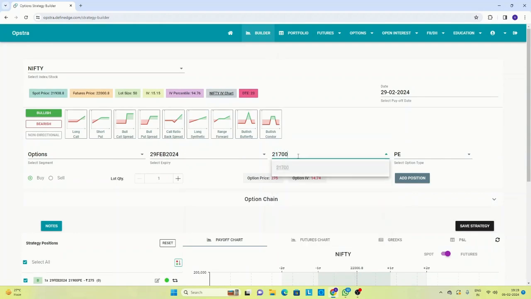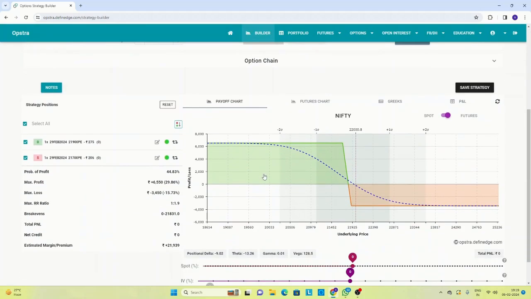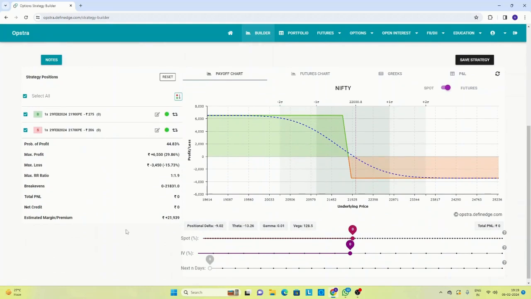So 21,700 put option, you sell one lot, just out of the money, right? Now, as per the worksheet, we know the maximum profit is 6,550 per lot. The max loss is 3,450. And the estimated capital is 21,939. So the break even is 0 to 21,831.